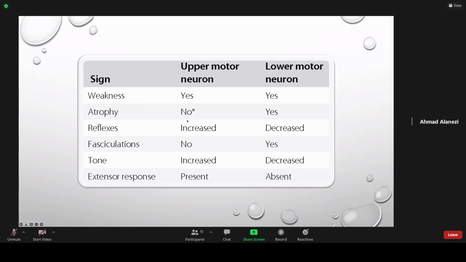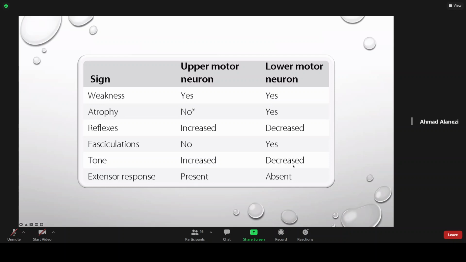Reflexes: you expect to see increased reflexes in upper motor neuron disease, and decreased, diminished or areflexia in patients with lower motor neuron. Fasciculation is common with lower motor neuron, to be more specific, with anterior horn cell disease. So it's in lower motor neuron, but we do see it more, and it's characteristic for patients with anterior horn cell disease.